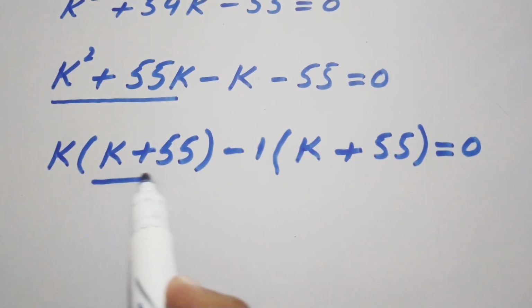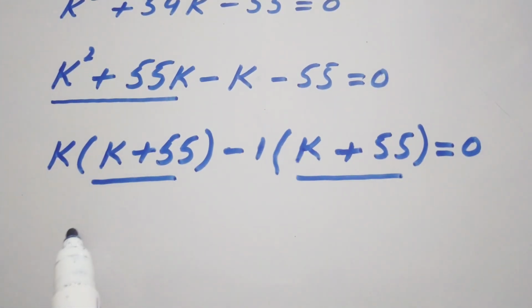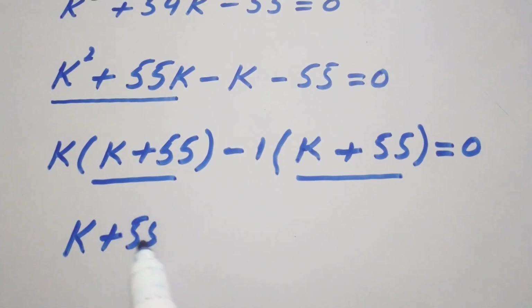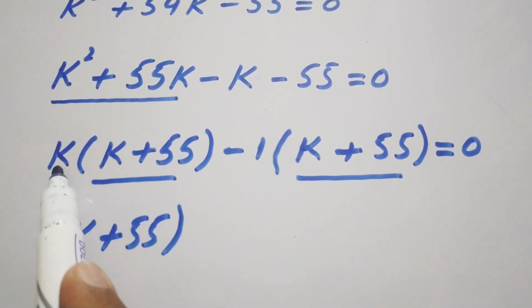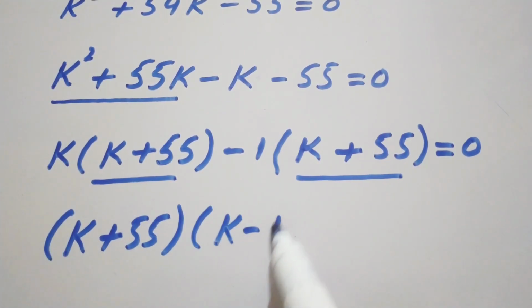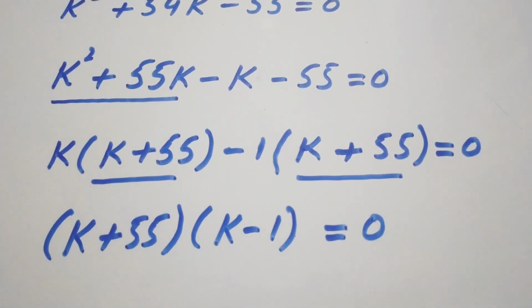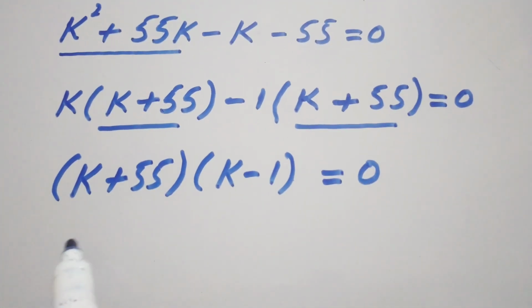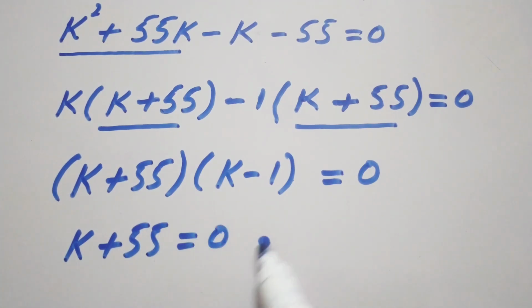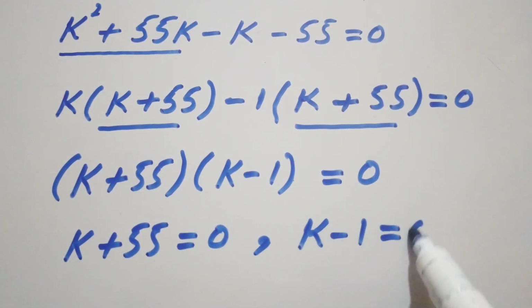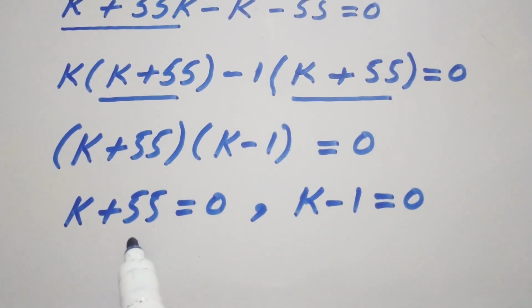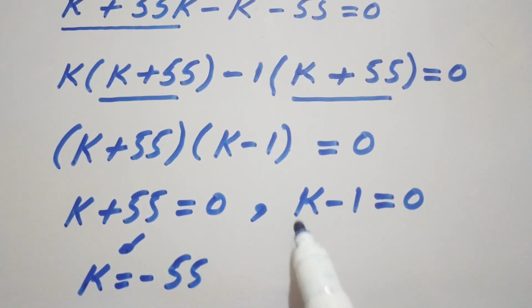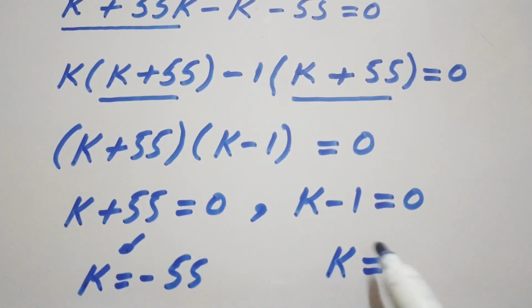Now k plus 55 is a common factor, and the second factor is k minus 1 is equal to 0. Now by using zero product rule, we get k plus 55 is equal to 0 and k minus 1 is equal to 0. Now from this we get k is equal to negative 55, and from this we get k is equal to 1.